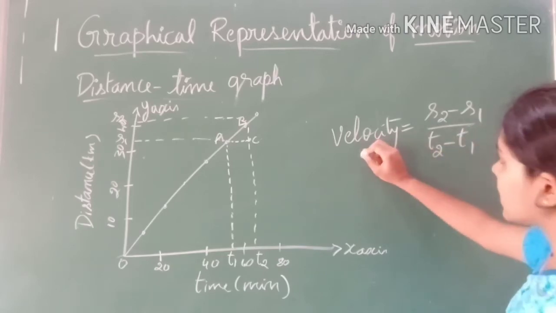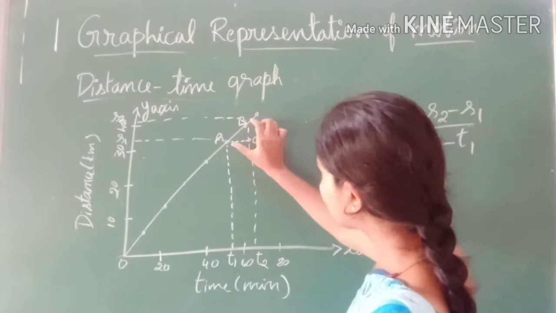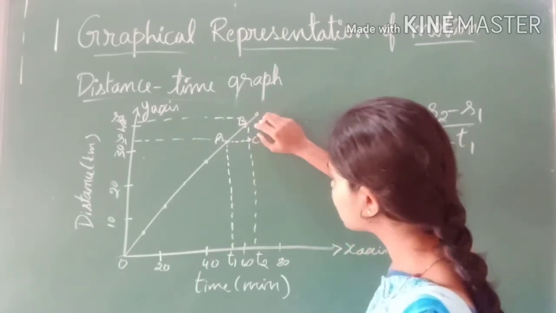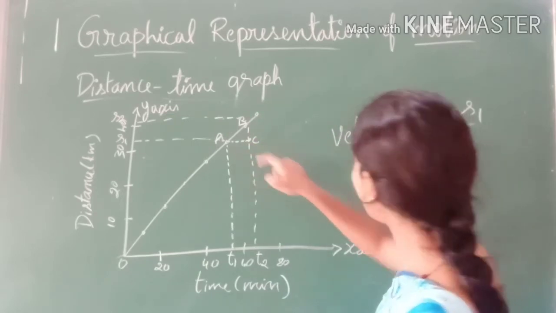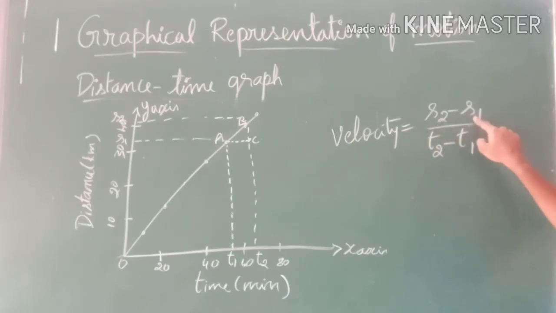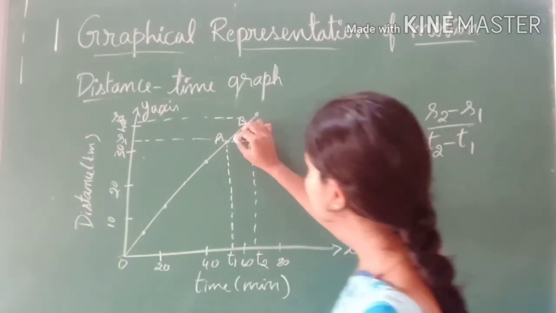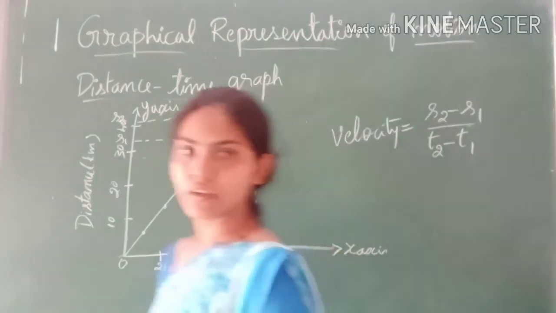So if I want to find the velocity at this point, you just find the difference between S1 and S2 and the difference between T1 and T2. That gives the velocity. V is equal to S2 minus S1 divided by T2 minus T1. So this slope gives the velocity of the object.